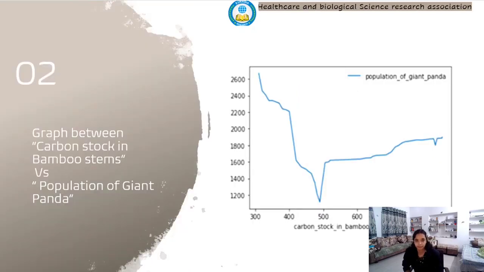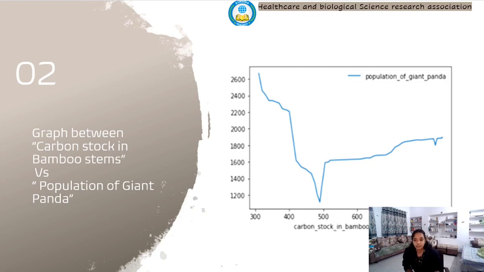In figure 2, we have the graph between carbon stock in bamboo stems and the population of Zein panda. Data of carbon stock in bamboo stems is on the x-axis in TgC unit. TgC is a teragram of carbon, which is equal to 10^12 grams.